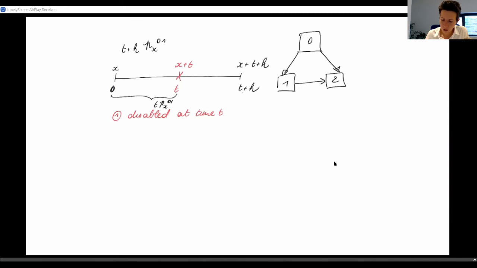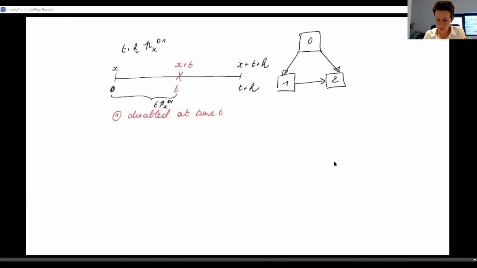And we're going to distinguish what's going to happen at a time point t in between. Which state are you occupying then? If you are occupying the disability state at time t, then that means that you made the transition from 0 to 1 in this interval of length t.